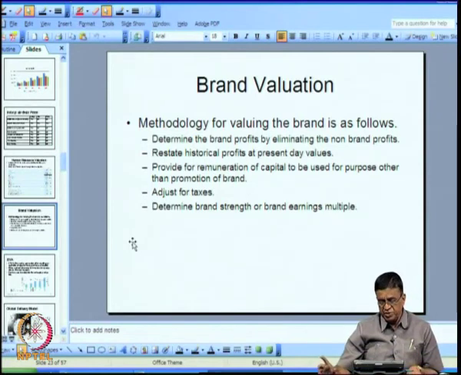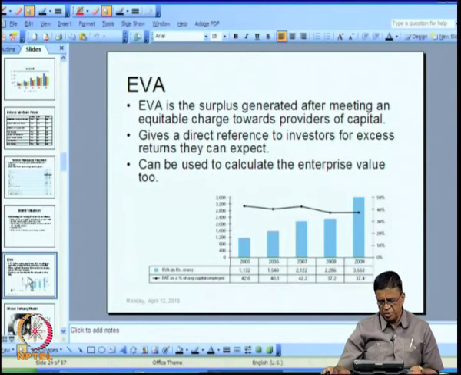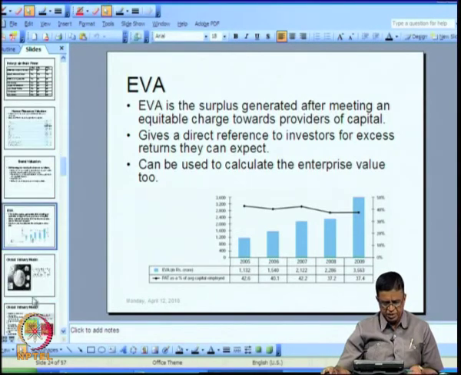So, what does Infosys do? It determines the brand profits by eliminating non-brand profits, restates historical profits at present day values, then provides for remuneration of capital to be used for purposes other than promotion of the brand, adjusts for taxes, and determines the brand strength. Then the economic value added is again given to you in this method.